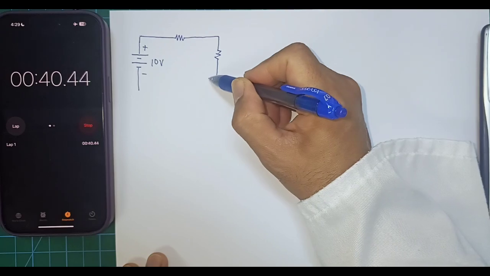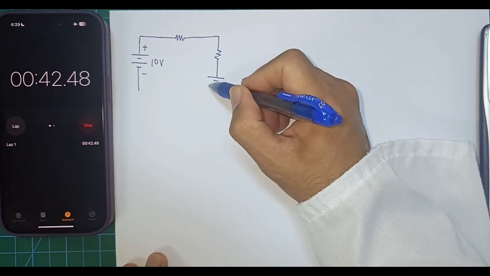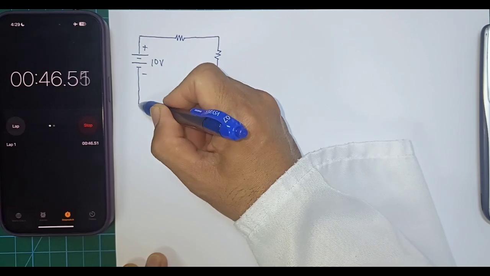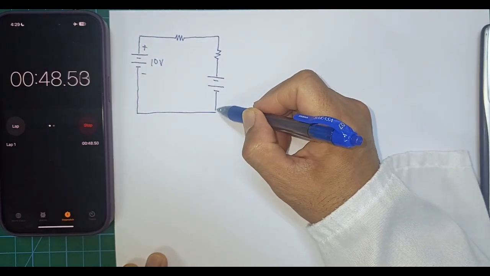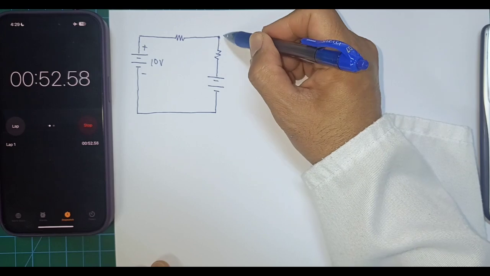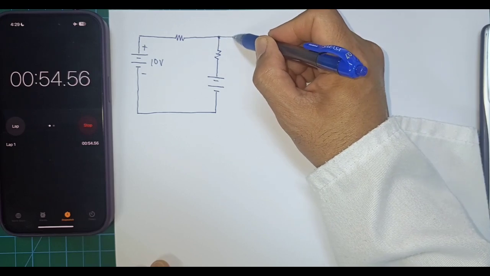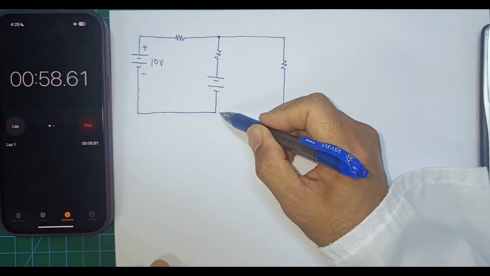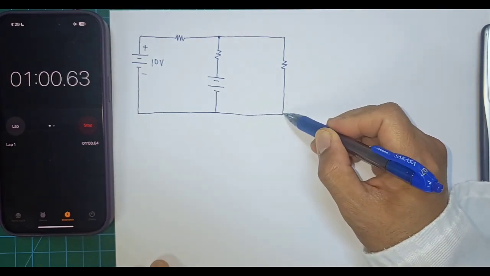And let's put another voltage source, our second voltage source, over here. And let's say they are like in series, right? But let's put another resistor on this node on the right side. Let's make it simple. Let's just put one resistor here.